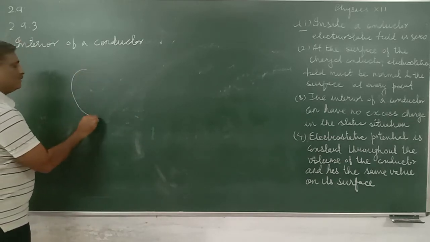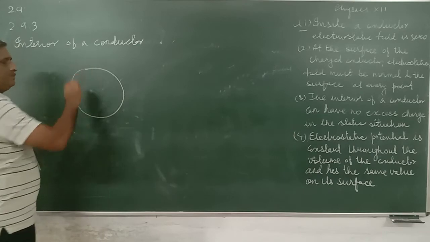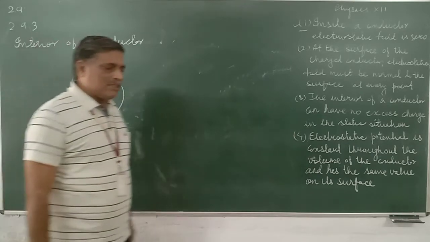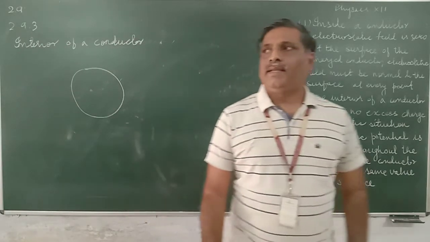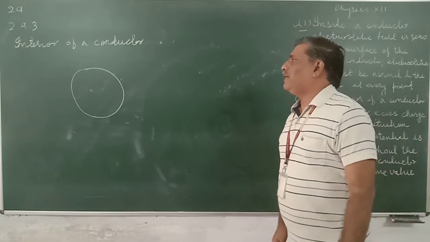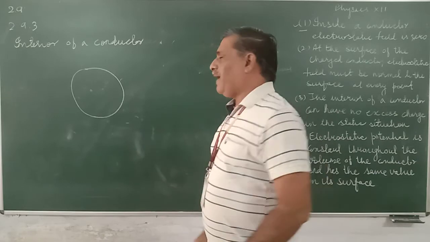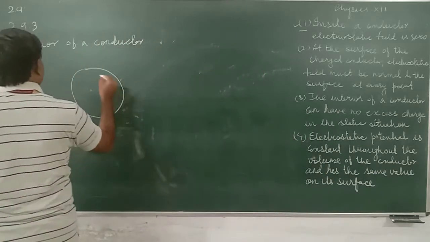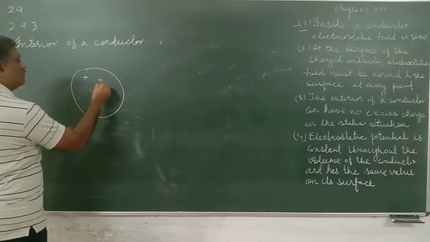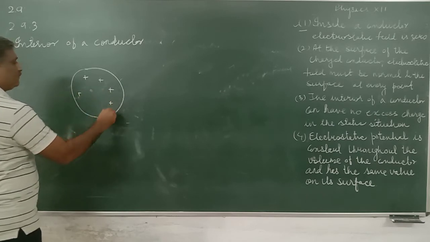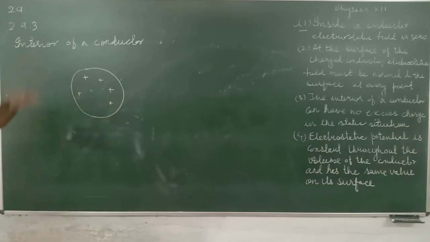This is the conductor. First, we can see it as a neutral conductor. In the case of a neutral conductor, positive and negative charges are equal and they cancel out each other. But suppose excess charge is given to the conductor, what is going to happen?